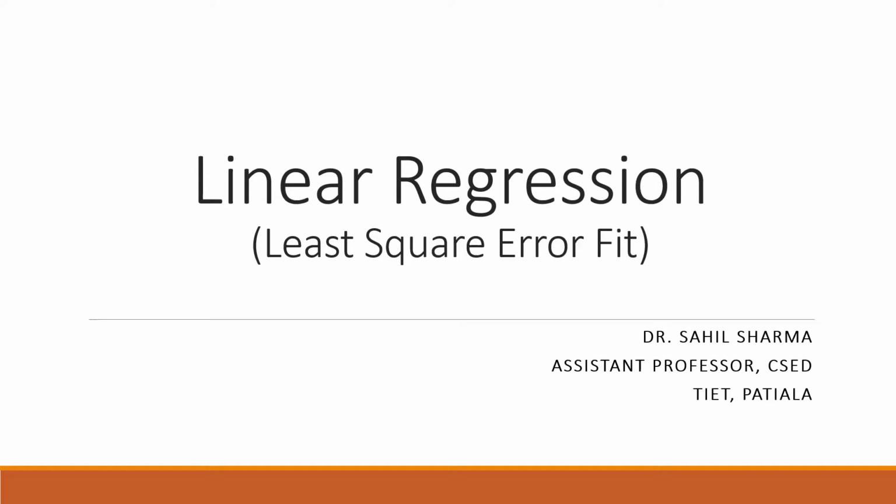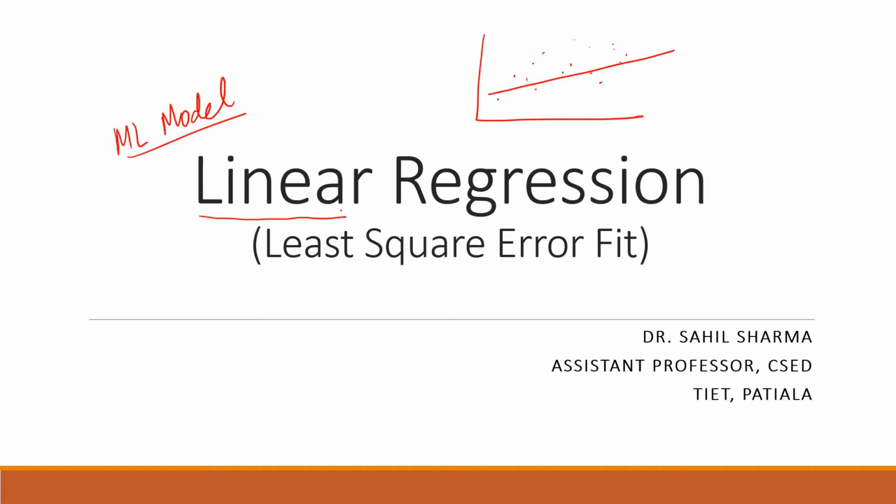Now, this is the first machine learning model that you will be implementing in your lab also. So linear regression, this is one of the first machine learning models that will help us to get the work done. So the basic idea is that, let's say that there is this data that we want to fit for a machine learning model, and we are trying to fit a straight line in this, because the name of this model is linear regression.